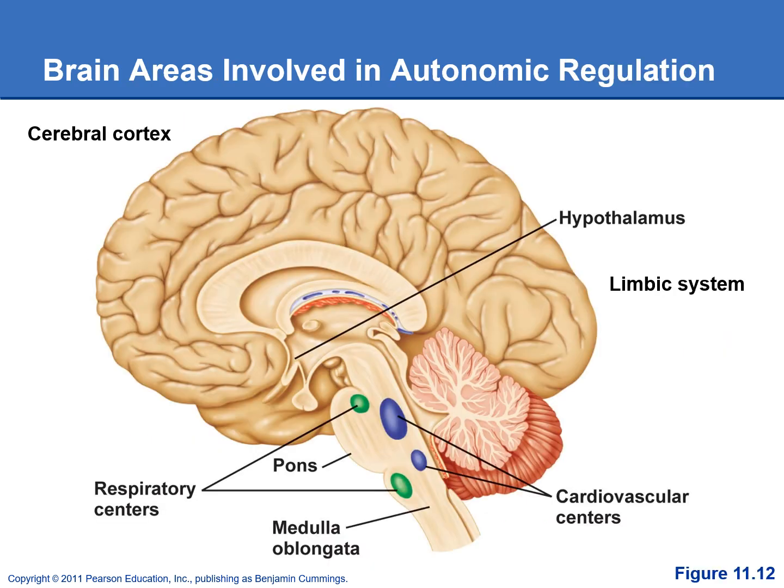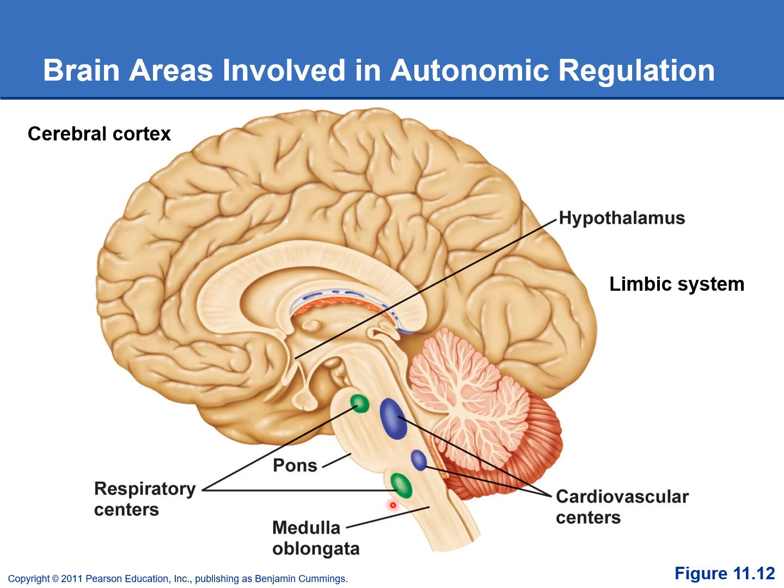Okay, and then this is just showing you where some of these important autonomic control centers are in the brainstem. So here's the pons, and here's the medulla oblongata that then joins in with the spinal cord. And in blue, we've got the cardiovascular control centers. They're going to control your heart rate and blood pressure.